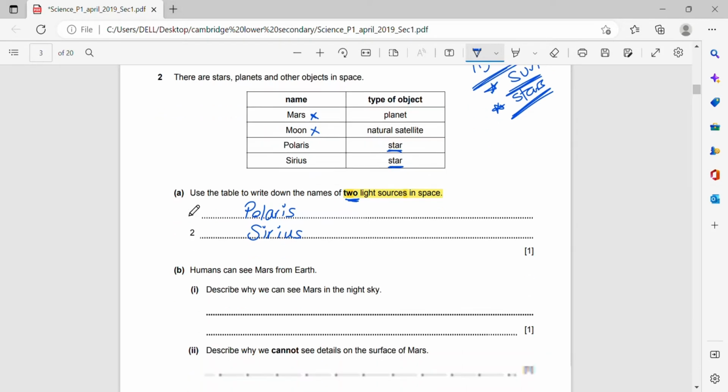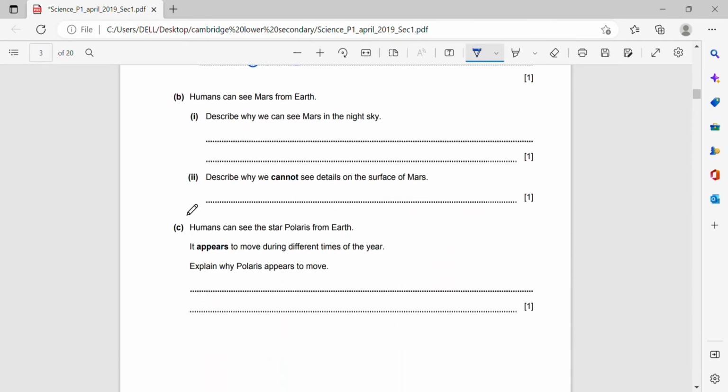Next question. Humans can see Mars from Earth. يبقى we can see Mars in the night sky. Describe why we can see Mars in the night sky. Why we can see Mars? Okay. Because Mars does what to the light? Great. The light from the sun is actually reflected by Mars.